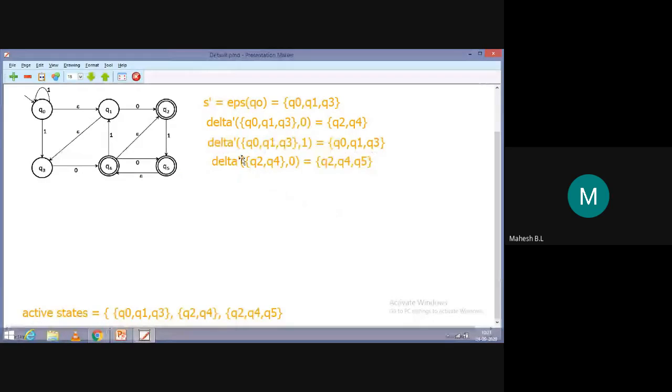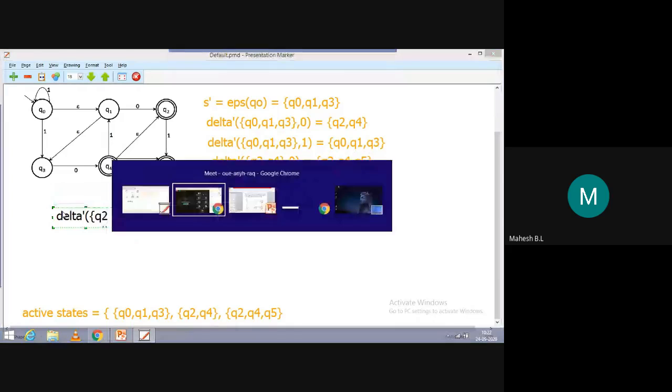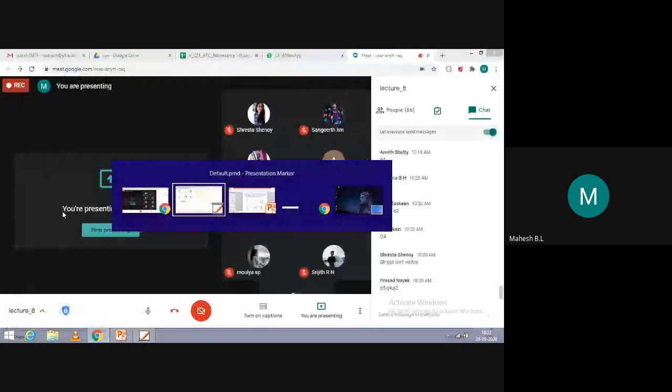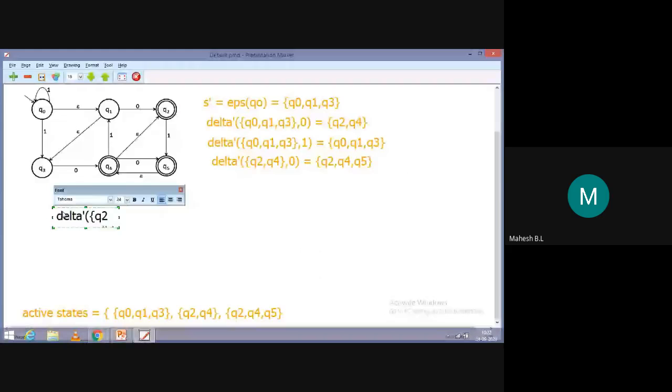So next step is to compute delta dash of Q2, Q4 on 1. So this you have to do next.